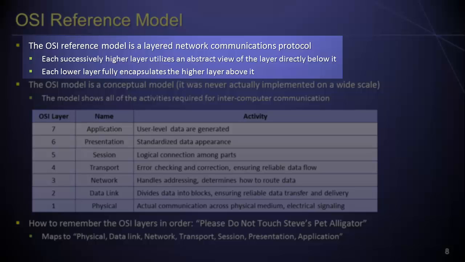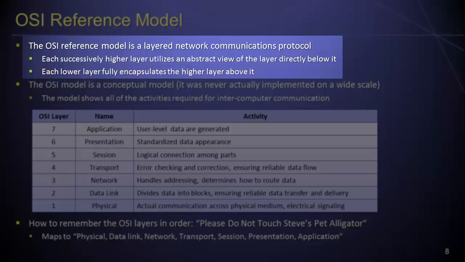The OSI model consists of 7 different layers, with each successively higher layer utilizing an abstract view of the layer directly below it. Put another way, the details of how lower layers actually work are hidden from higher layers. Conversely, each lower layer fully encapsulates the higher layer above it.